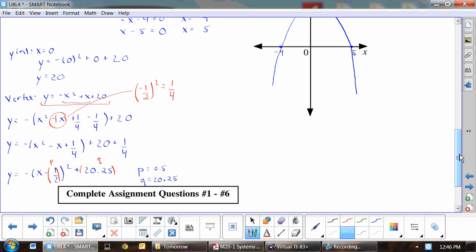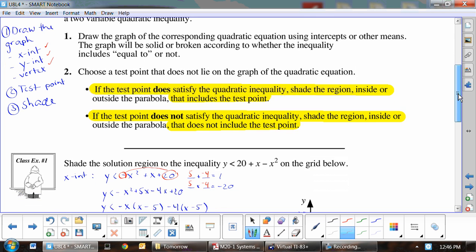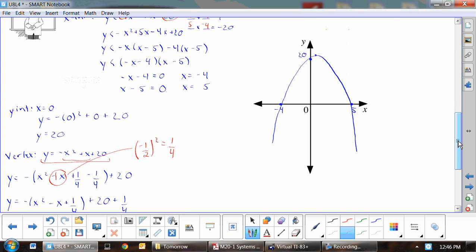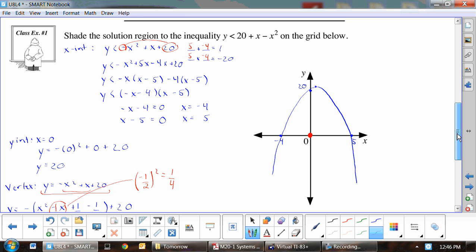Okay, so we've drawn our graph. So we've done step number 1. Okay? So we still have to do our test point, but we've done the hardest part, right? It's always going to be easier from here. So I would still use 0 and 0 as our test point. So let's say test 0 and 0. And so we want to put this back into our original.